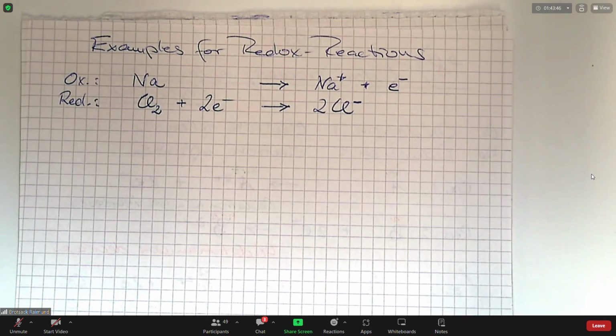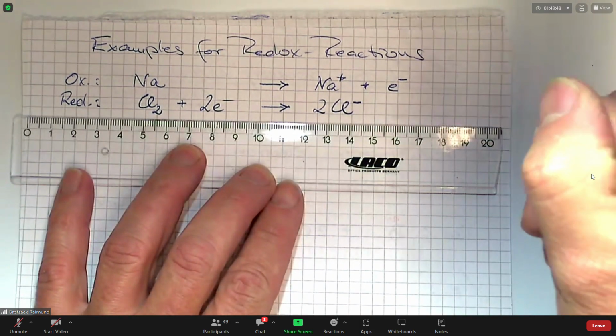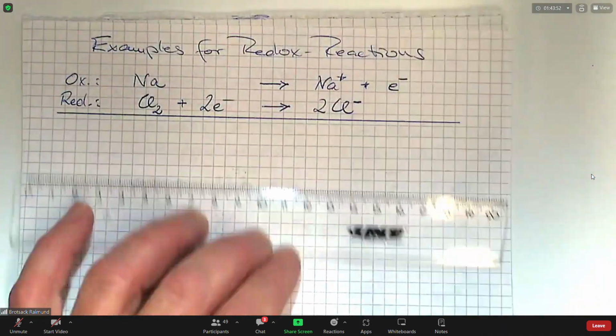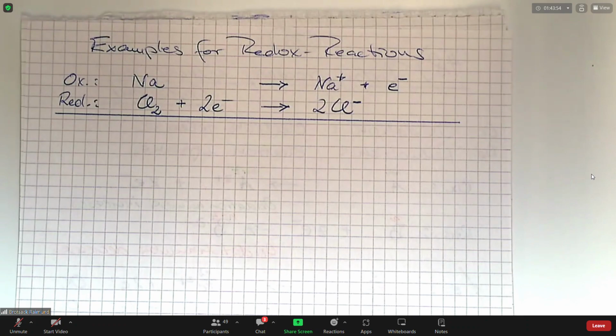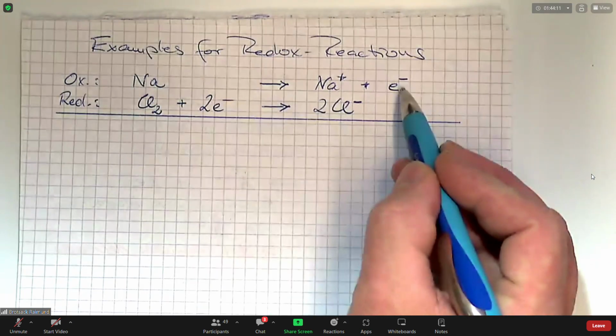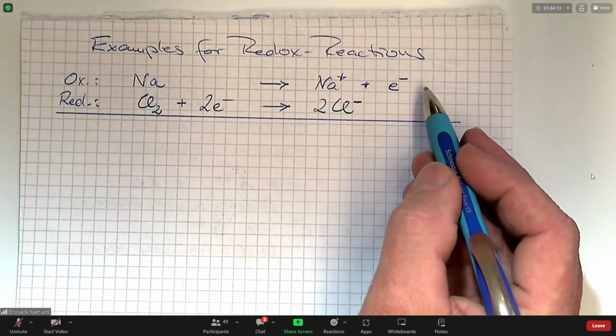When we now formulate the overall redox reaction, we always said just before, never a single electron occurs. So when those two are reacting together, what do we have to balance? Here we have 2 electrons, here we have 1.